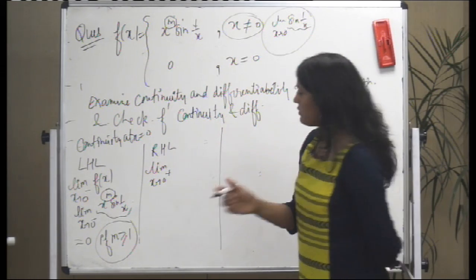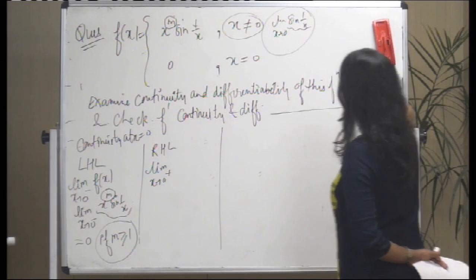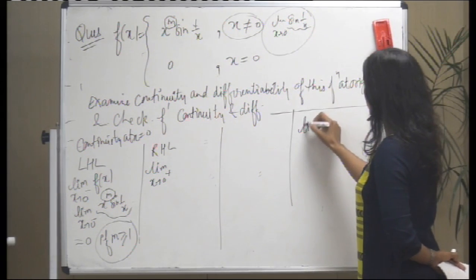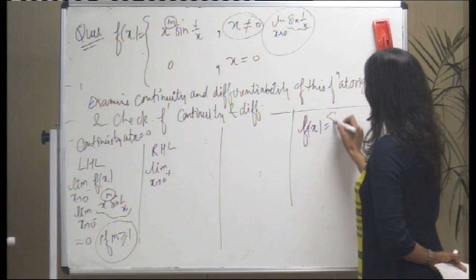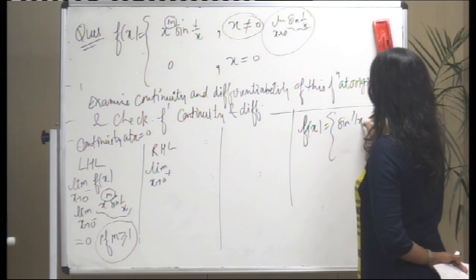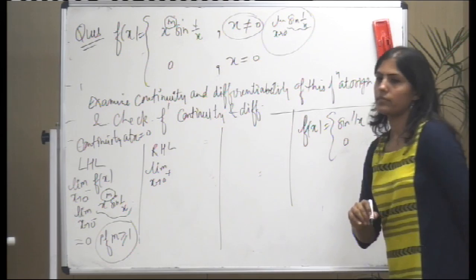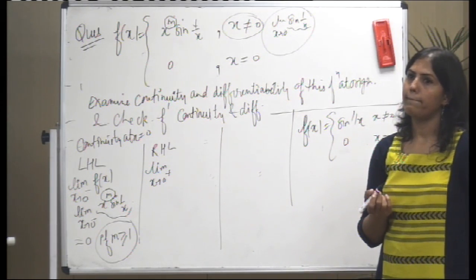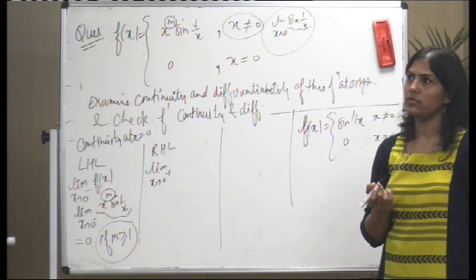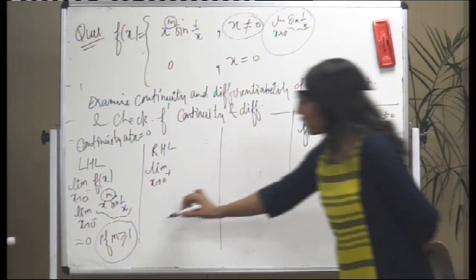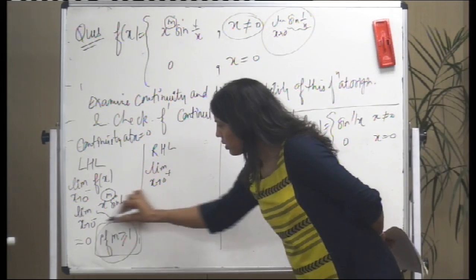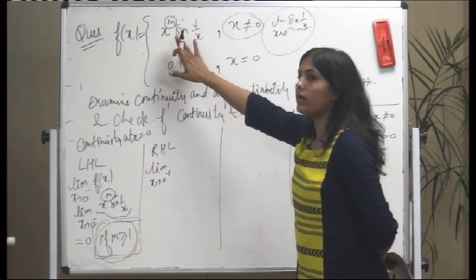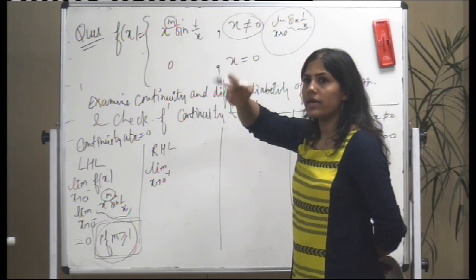If I just ask you the continuity of this function at 0, you can easily answer now. This function will be continuous if and only if m is greater than or equal to 1.